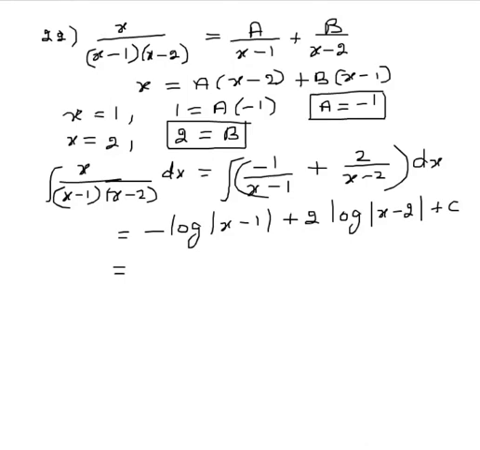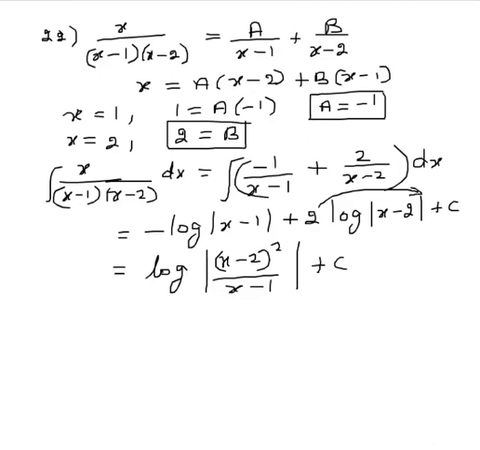We can take this 2 as a square of this. So log of absolute value of x minus 2 the whole square, and this has a minus sign, so write it in the denominator. The numerator has a whole square, so no need to write the absolute value sign for the numerator. B option is the correct option.